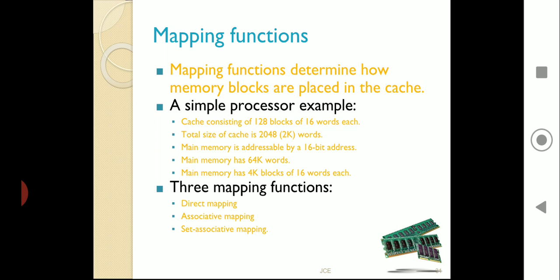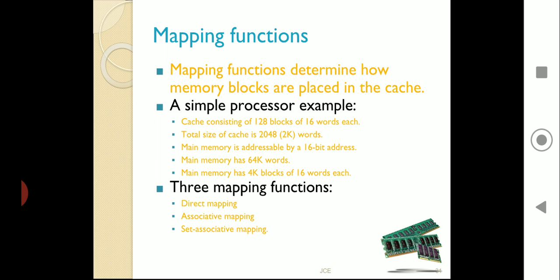Now let us take a simple example. In any processor, the main memory is very large as compared to the cache. That's why the mapping of blocks from main memory into the cache takes a lot of importance. The simple reason is that the main memory size is large, whereas the cache memory size is very small.